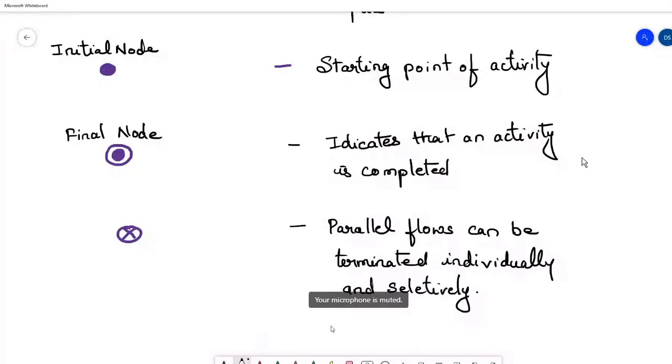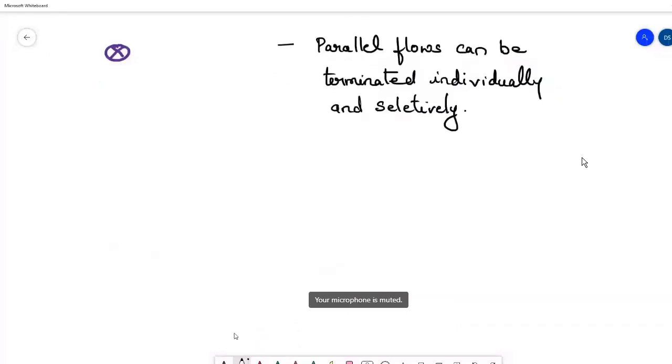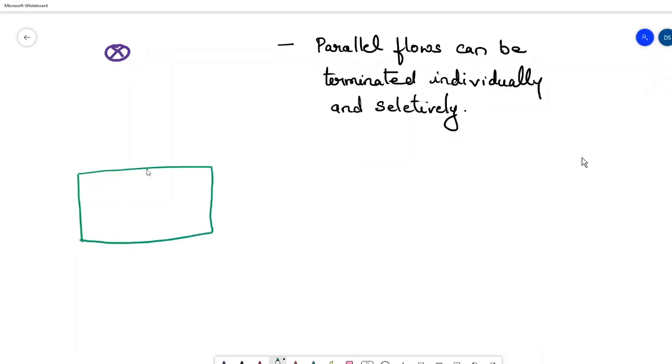Now, next is activity partition. Okay, so activity partition would be a rectangle which has a partition like this in the center, and on the top the names of the partitions for which they have been divided into two blocks, and what all activities are being performed is written here.